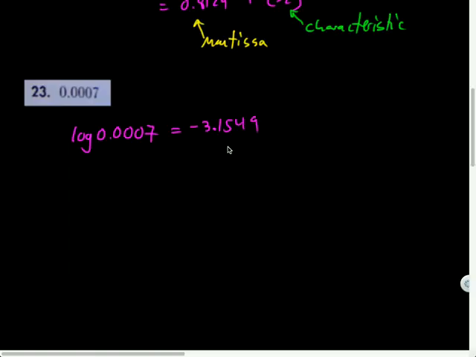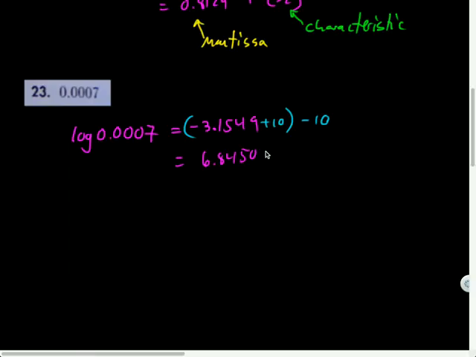Now, if I want to figure out what the mantissa is, it is not the 0.1549, because of the fact that this number is negative. So what we're going to have to do is that little plus 10 and then minus 10 treachery. So I'm going to plus 10 it, and I will get 6.8450.